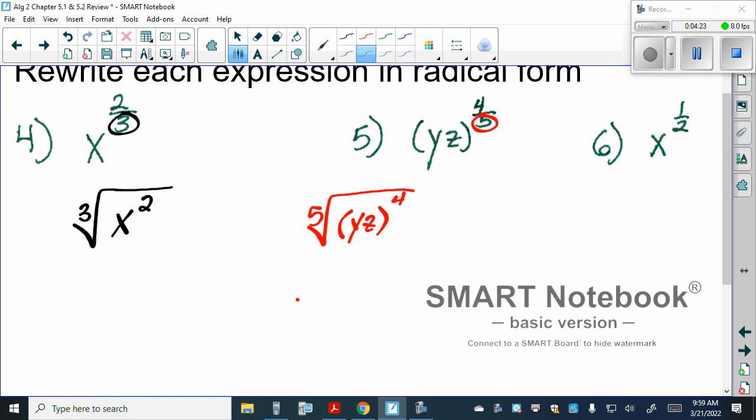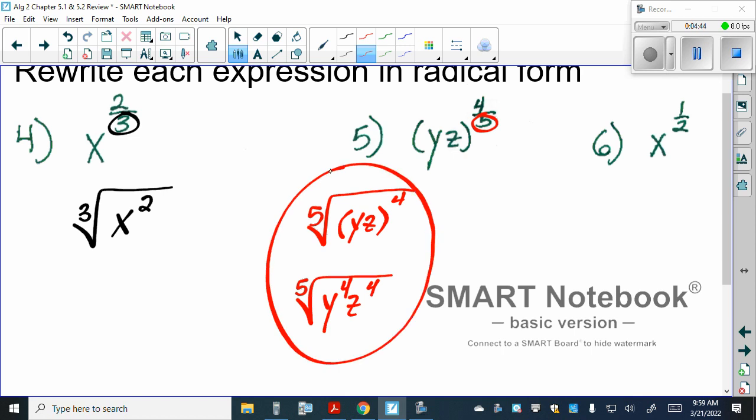We could have also said that this is the fifth root of y to the 4th times z to the 4th, because we can apply that power of 4 to both the y and the z inside the radical. Either one of those would be the same answer.